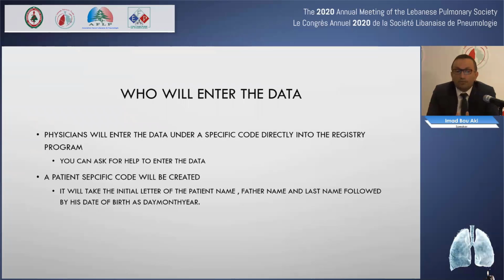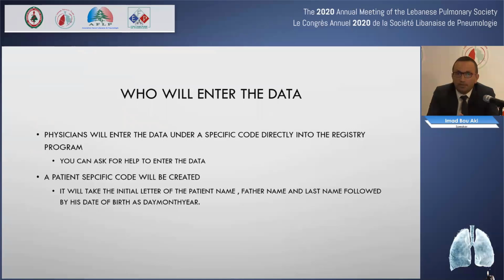We will ask you to create a patient-specific code that will allow us two things. This patient-specific code will take this form. It will have the initial letter of the patient's first name, father's name, and last name, followed by his date of birth as day, month, year, attached together.